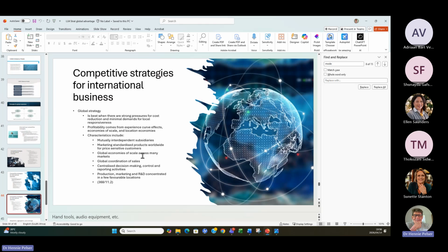So the global strategy would be your best option in terms of internationalization. The other options are the expansion strategies. So essentially, you fit in terms of those specific demands.